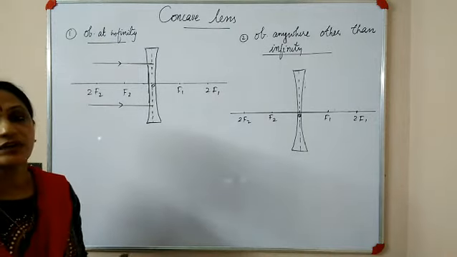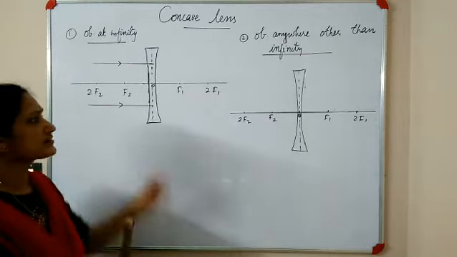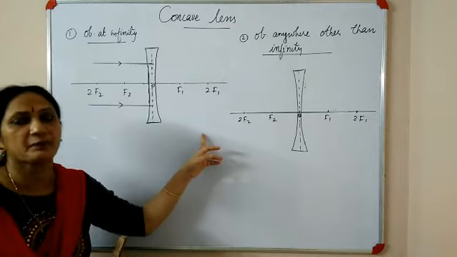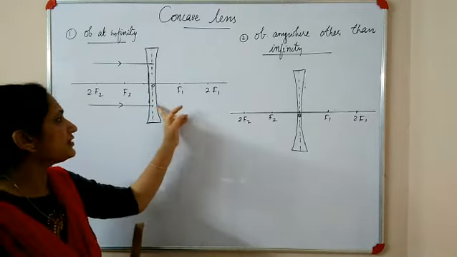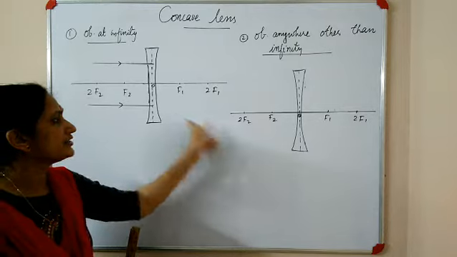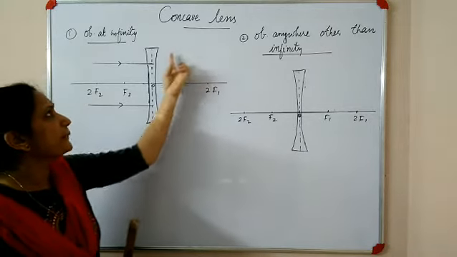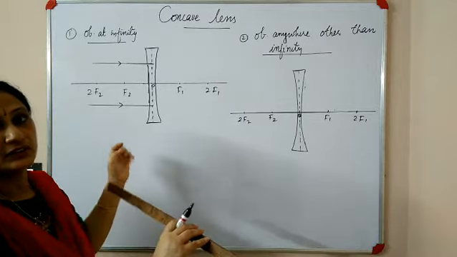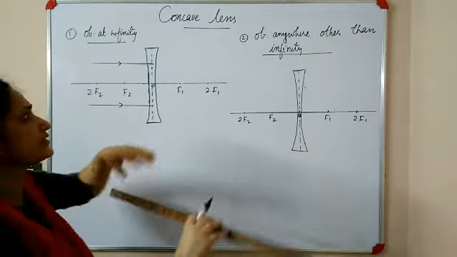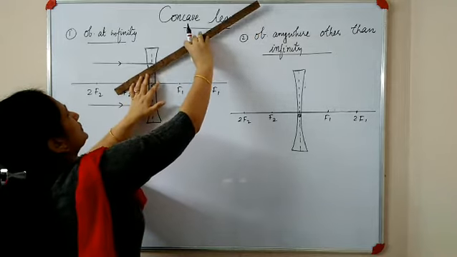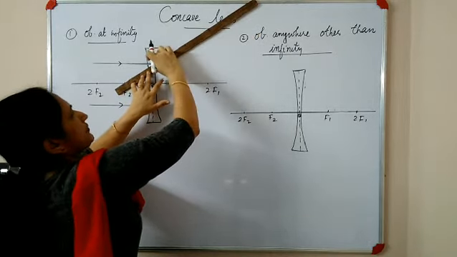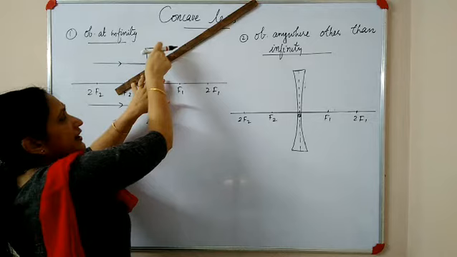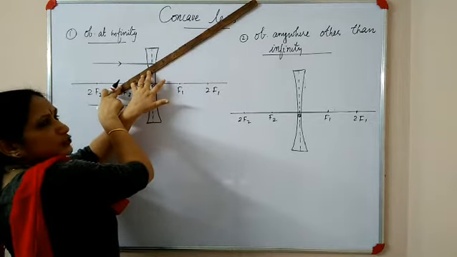Then according to the rule you have studied, these rays will diverge after passing through concave lens, and these diverging rays will appear to pass through principal focus. So let me draw the emergent rays which are diverging. These emergent rays which I am going to draw, when you extend backward it must pass through principal focus.